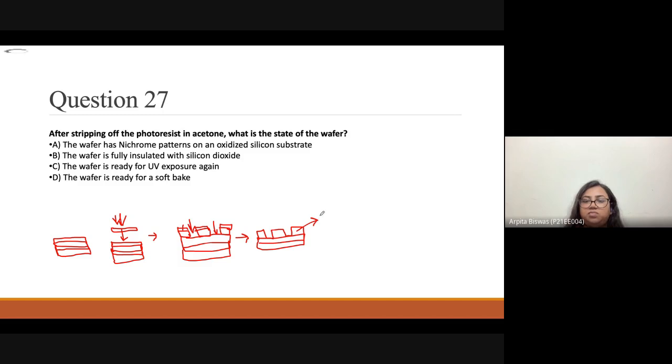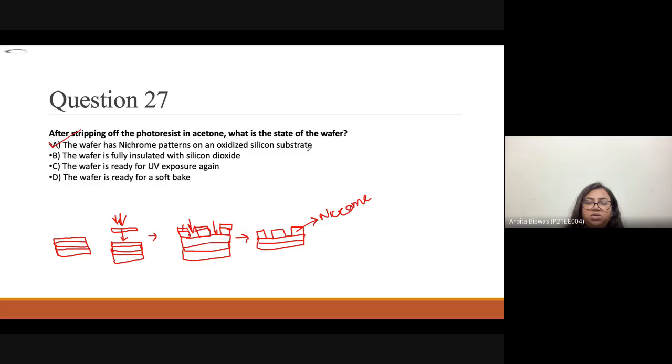This is the nichrome pattern. Okay, so the right option is option A. The wafer has the nichrome pattern on the oxidized silicon substrate.